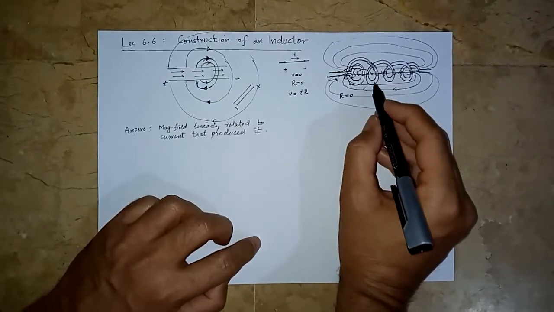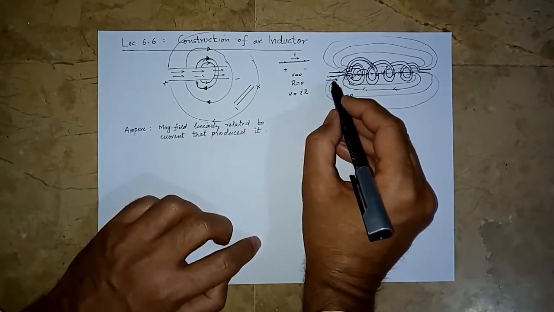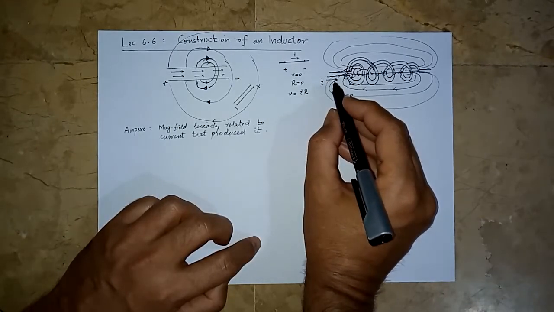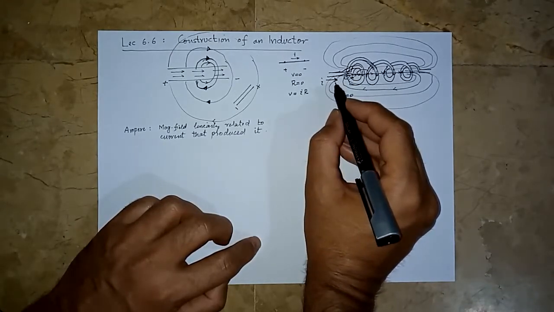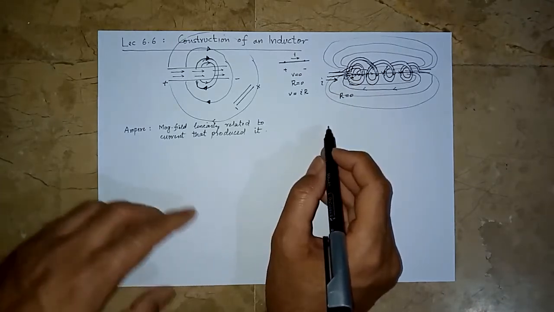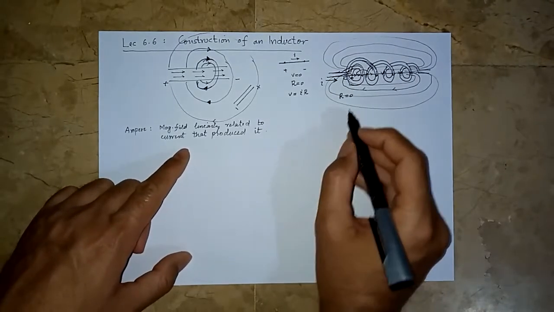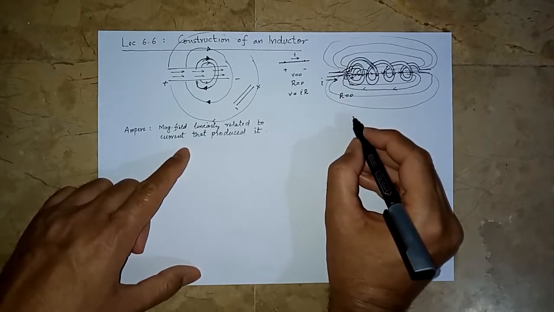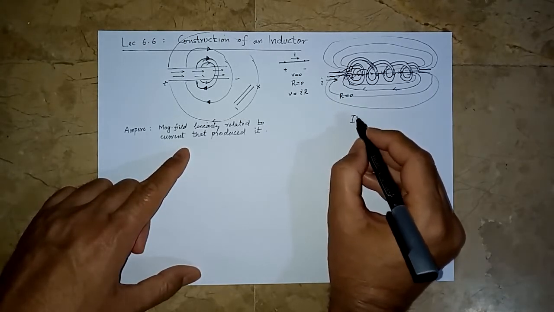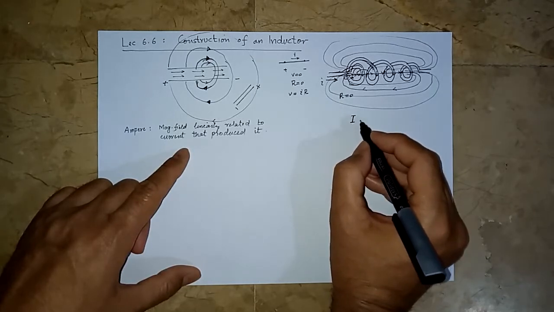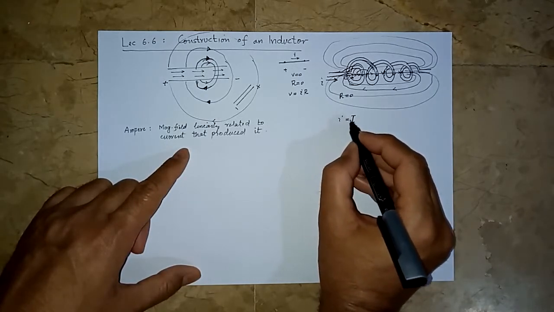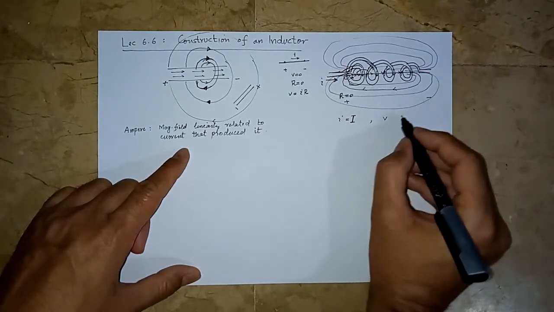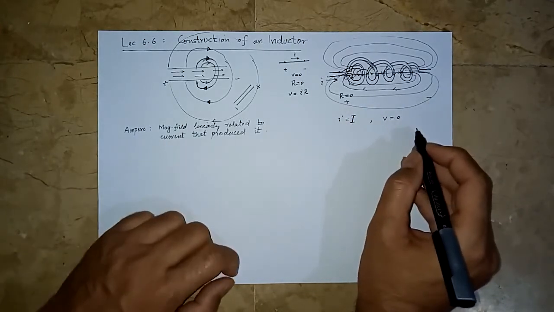So it will be a very strong field on the inside and a weak field as we move away from the inductor. So if this current that is flowing into this coil is not constant, if we have a constant current, then basically the experimenters found that for a constant current, let me write it by capital I. So if the current is a constant value, then the voltage across this coil was found to be zero.